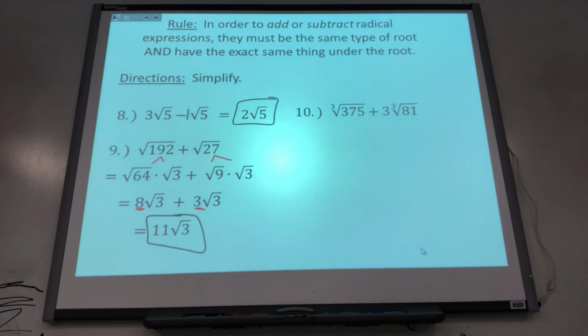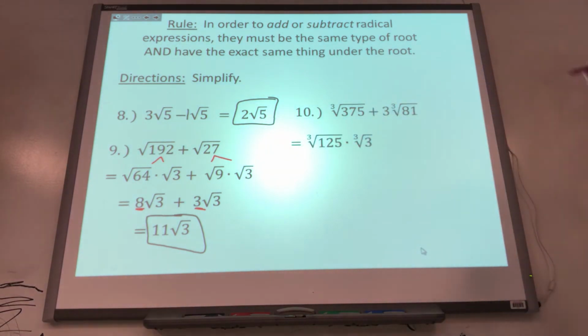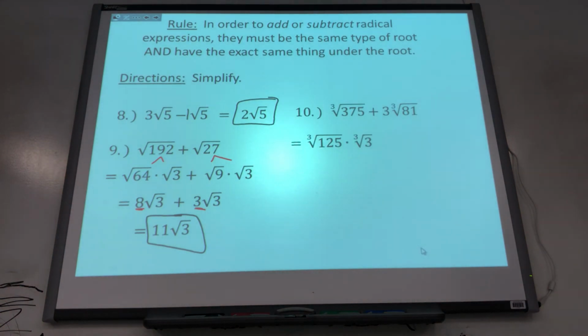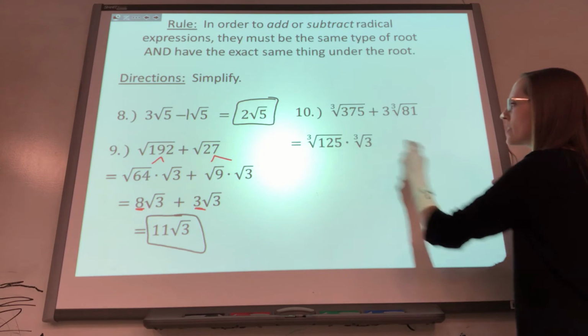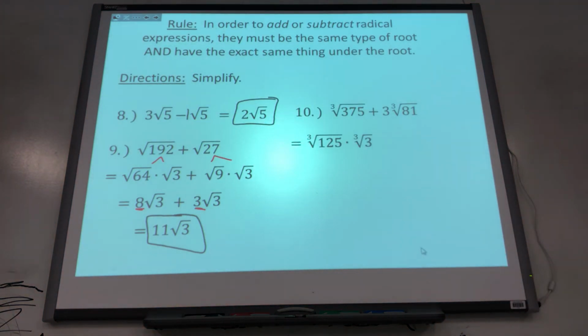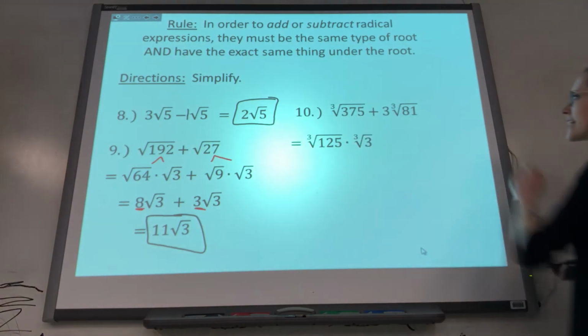I've got 216, that won't work. 375 divided by 125, that does work. I got back a 3 from that. So I want to break that apart into the cube root of 125 times the cube root of 3. I'll come back to that stuff here in a second.